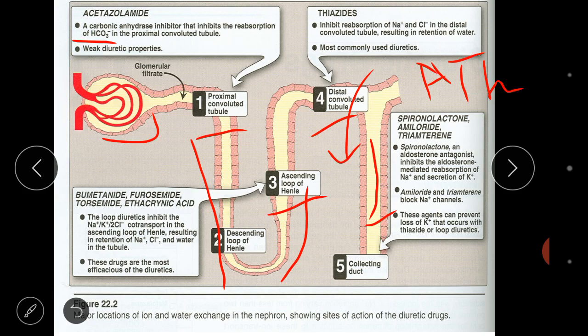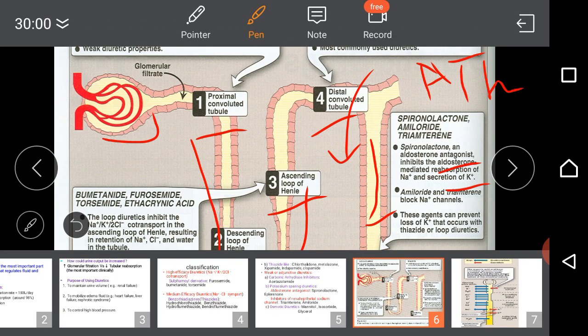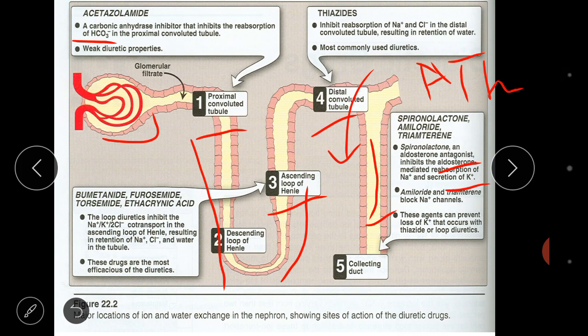Here there are two hormones. One is aldosterone, which increases the reabsorption of sodium and excretion of potassium. It's already given here. And we have one more hormone effect here, that is antidiuretic hormone. If the antidiuretic hormone level is high, water gets reabsorbed more and urine will be very concentrated.